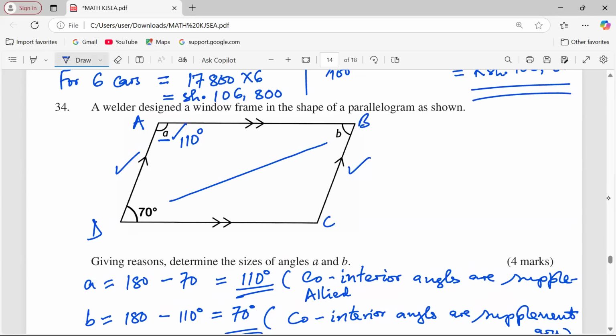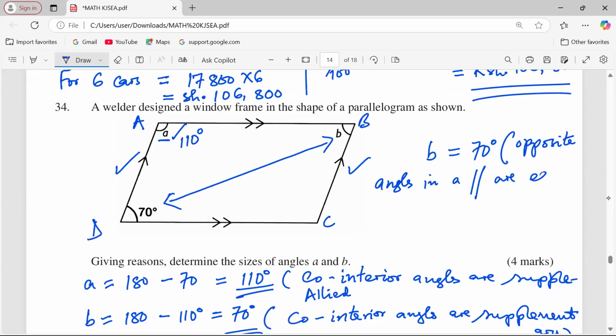So we can say that B equals 70 degrees. Reason being, opposite angles in a parallelogram are equal. So it will be equal to 70 degrees.